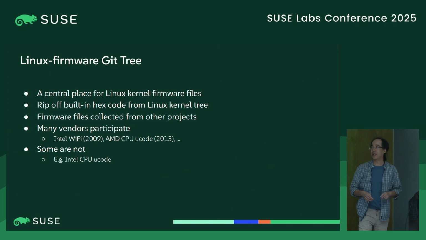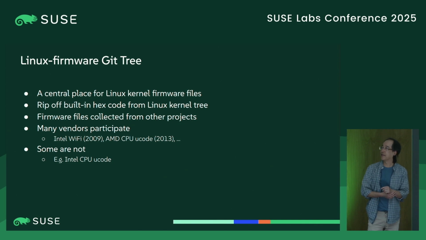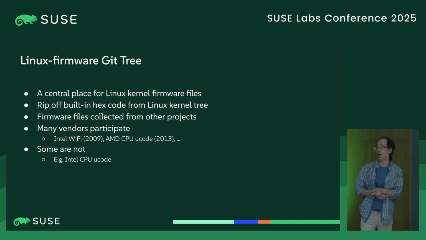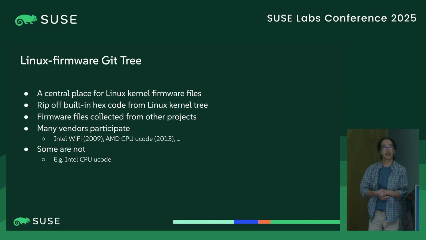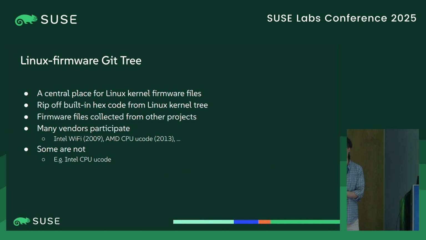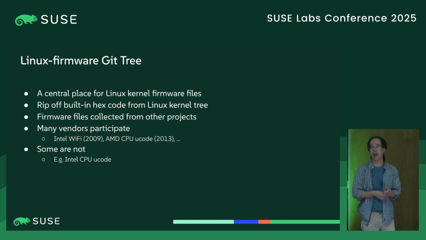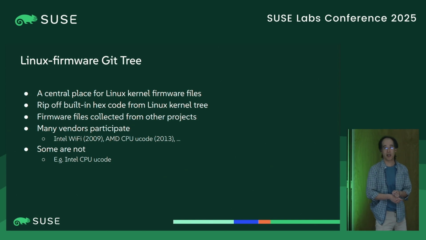So it was cleaning up the kernel source code. Later on, the Linux firmware Git tree gathered many firmware files from other projects, like other firmware or video for Linux or whatever else. Since then, many vendors participated, for example Intel Wi-Fi and AMD CPU microcode and so on. But there are still a few firmware files that are not in the Linux firmware Git tree, which is okay, but there are some such things too.